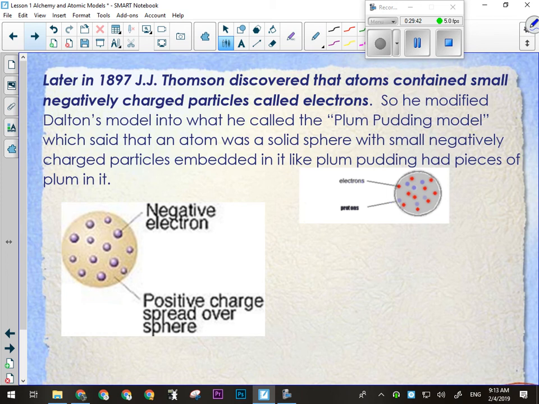Maybe the atoms run into each other and these electrons get jarred loose and come off and create the electric current that flows from one side to another. But he had to change the model of the atom because the other didn't explain where those charges came from. So then we had J.J. Thompson with his plum pudding model. We've had the first experiment that didn't fit with the idea.